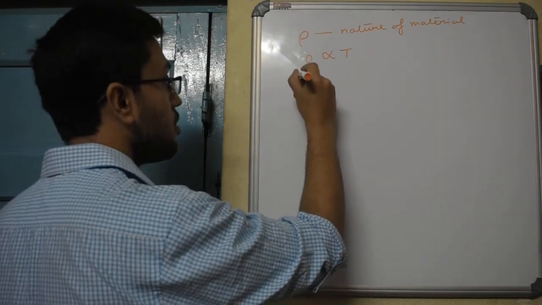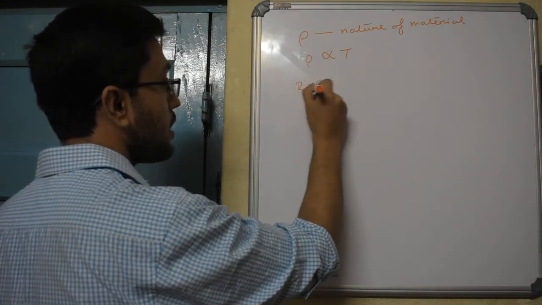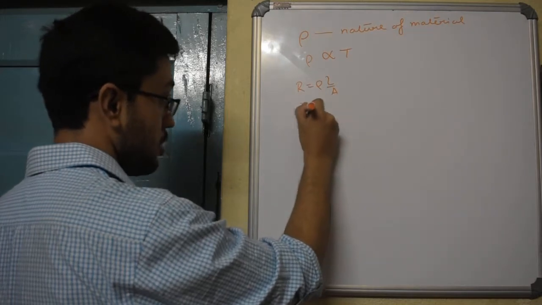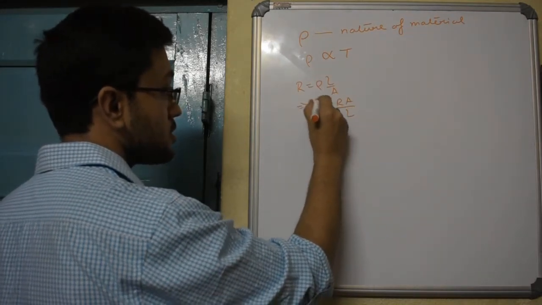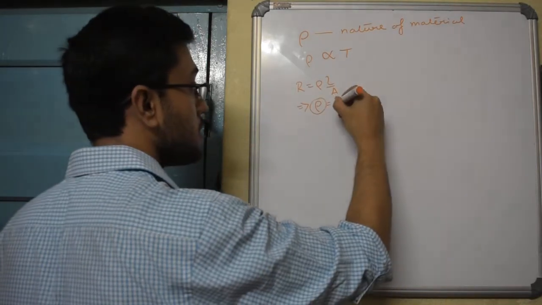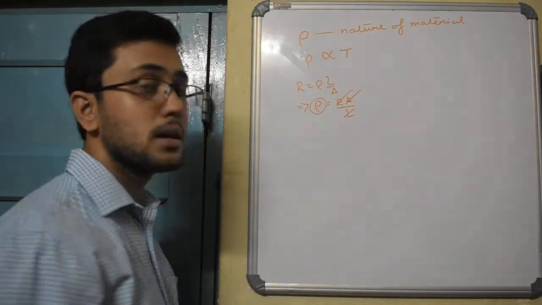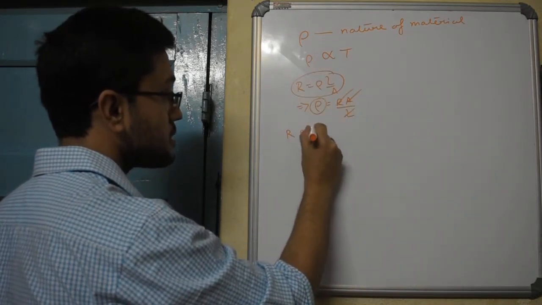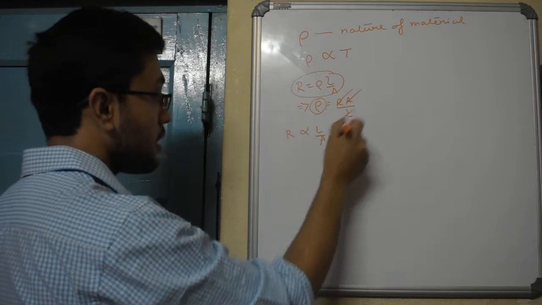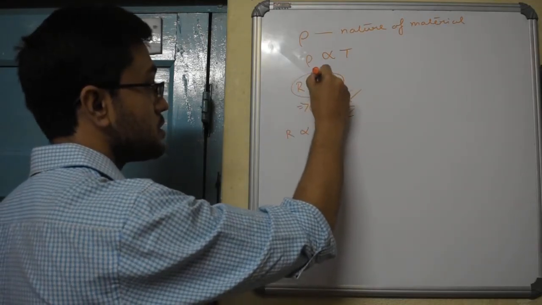Remember one thing, though we wrote down that R is rho L by A, and from here to make rho the subject, rho is R A by L. This rho, resistivity, does not depend on resistance, area or length of the conductors. Actually, this is the main formula, that R depends on length and on area, and therefore we bring in a constant of proportionality.